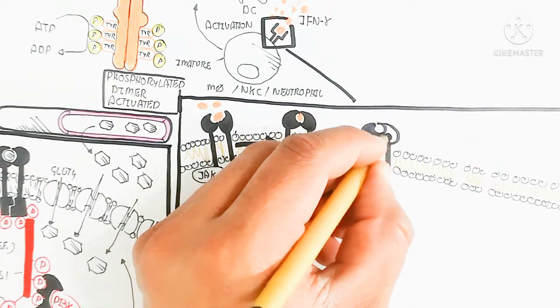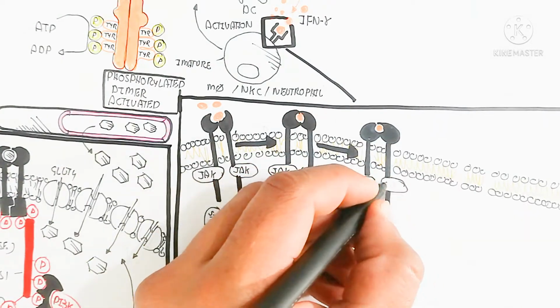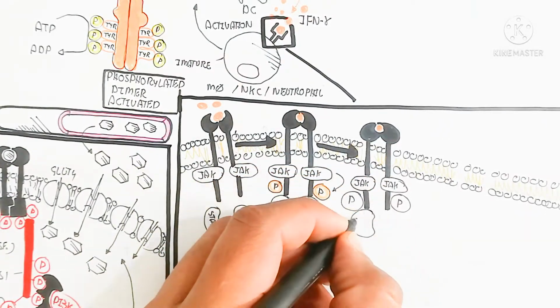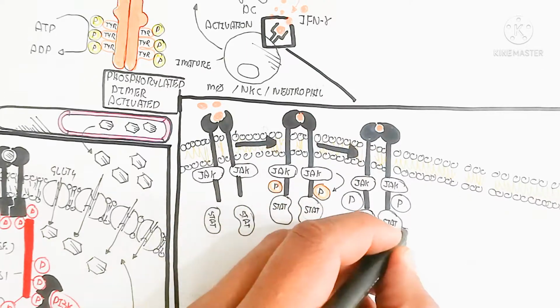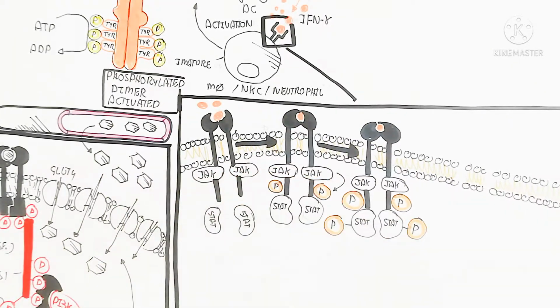So STAT will bind after the phosphorylation of JAK, and STAT is also phosphorylated through ATP, and in this way the JAK will remain at the back.